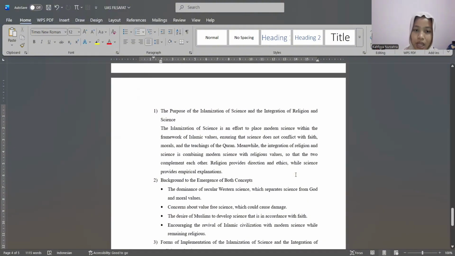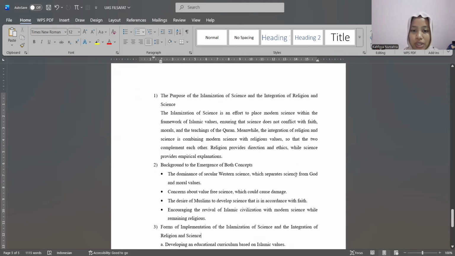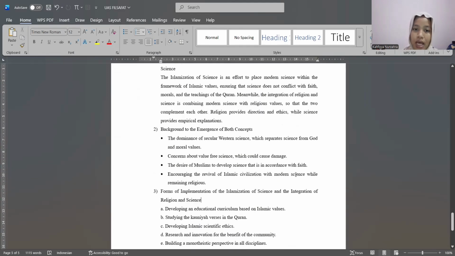explanation. 2. Background to the emergence of both concepts. The dominance of secular Western science, which separates science from religious and moral values, creating a value-free science.